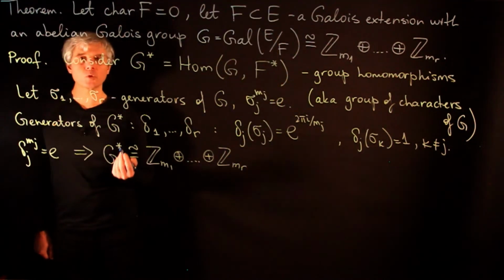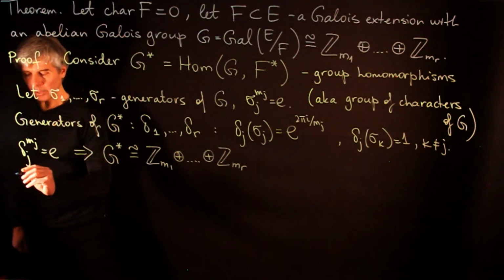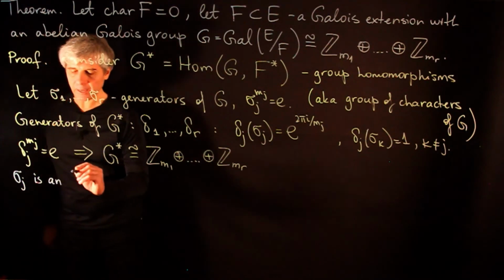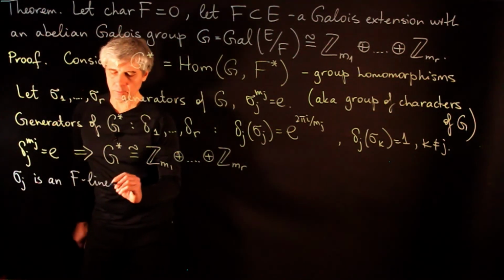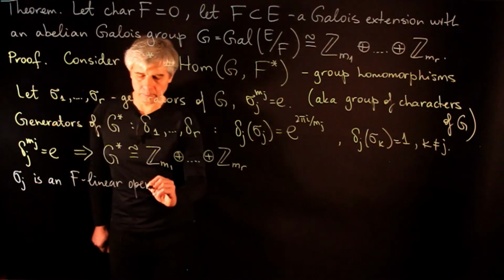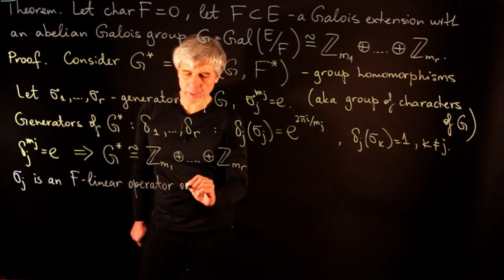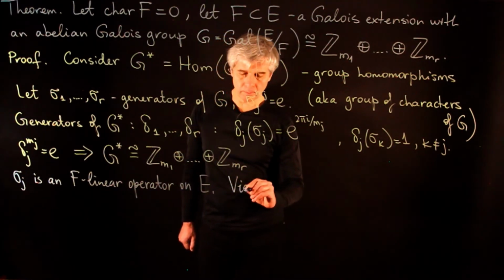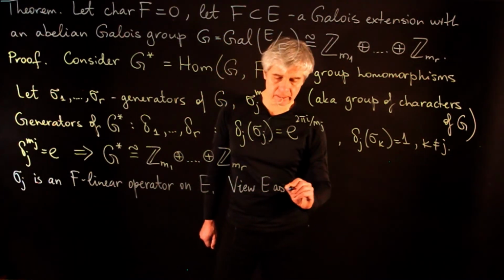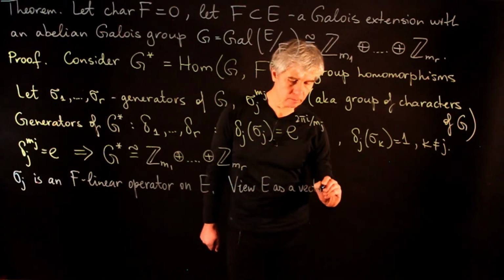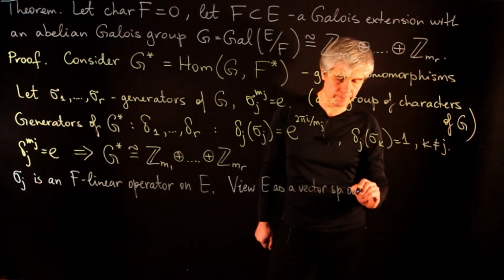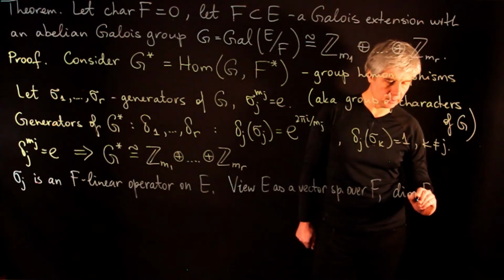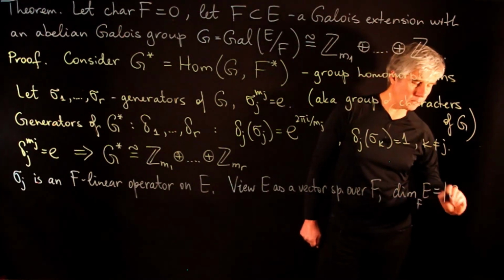Next, let us use linear algebra. So we know that each sigma j is an F linear operator on the space E. So here we view E as a vector space over F. And we know that the dimension of this vector space is equal to the order of the Galois group.